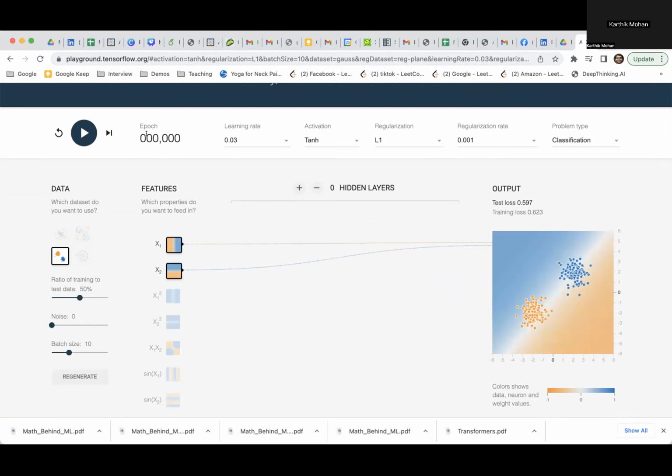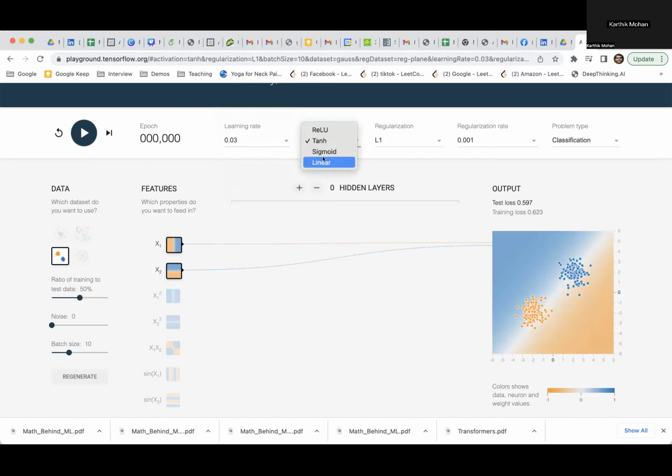On the top, you see epochs, which is the number of passes through the data, and learning rate, which is important. It's also a hyperparameter. Too high a learning rate, you may either be going very fast, converging very fast, or not converge at all. Too low a learning rate, you're probably not converging, going too slow. Activation functions: we have ReLU, TANH, sigmoid, linear. Sigmoid is typically used only in the output layer, whereas TANH and ReLU get used in the hidden layers.